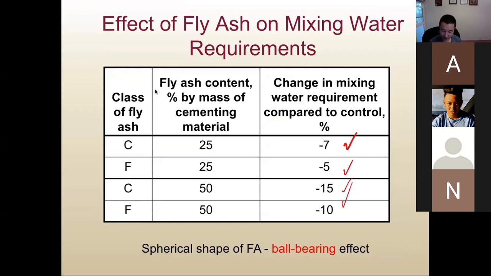We call that effect the ball bearing effect, because the spherical shape of fly ash acts as a ball bearing, so we can mix the concrete easier and reduce the requirement for mixing water. This is one of the benefits of using fly ash in concrete.